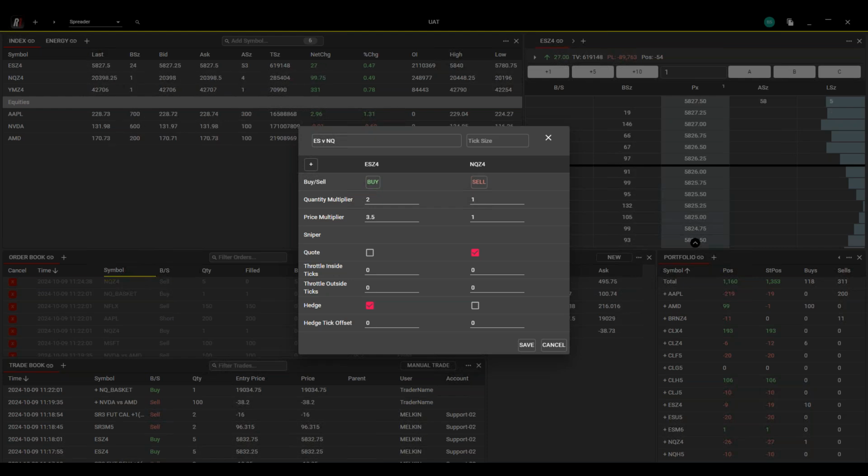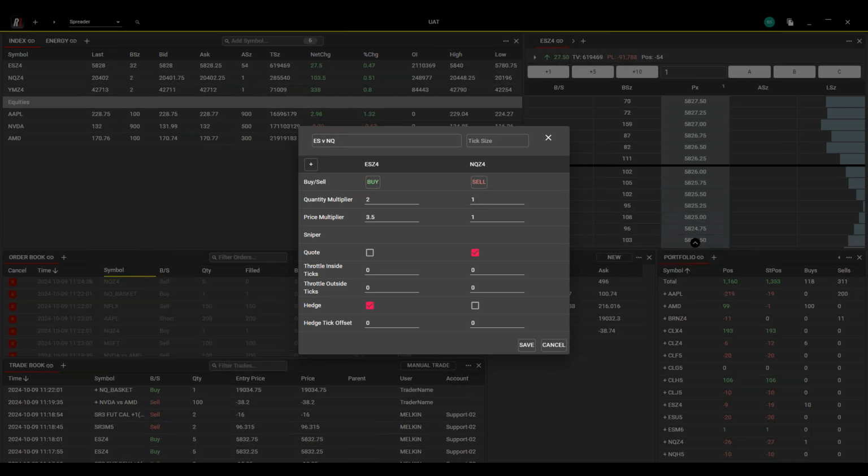In this case, I'm going to leave my throttle ticks set to 0 for both legs. What that means is that each and every time the market updates, our order price will update with it, regardless of how close or how far we are from our desired price. So I'm going to leave those at 0.